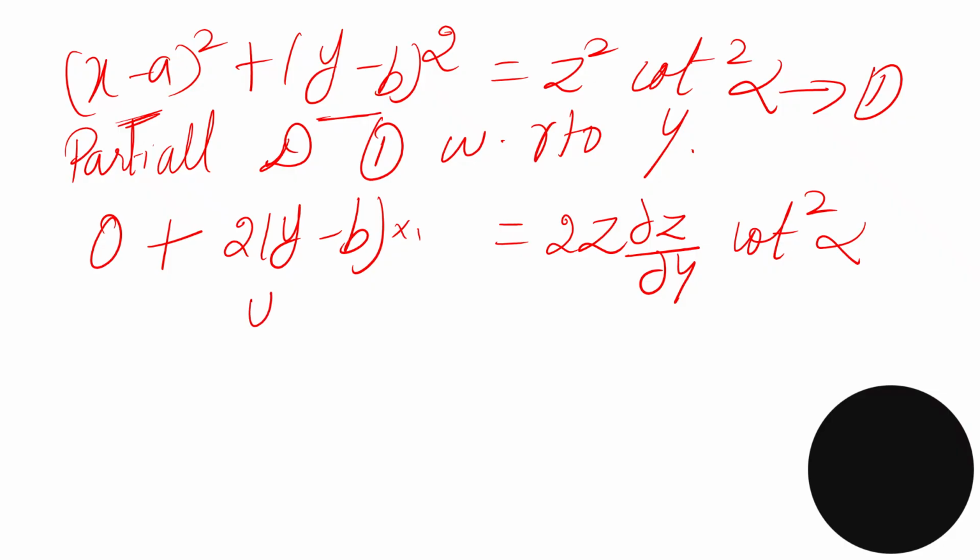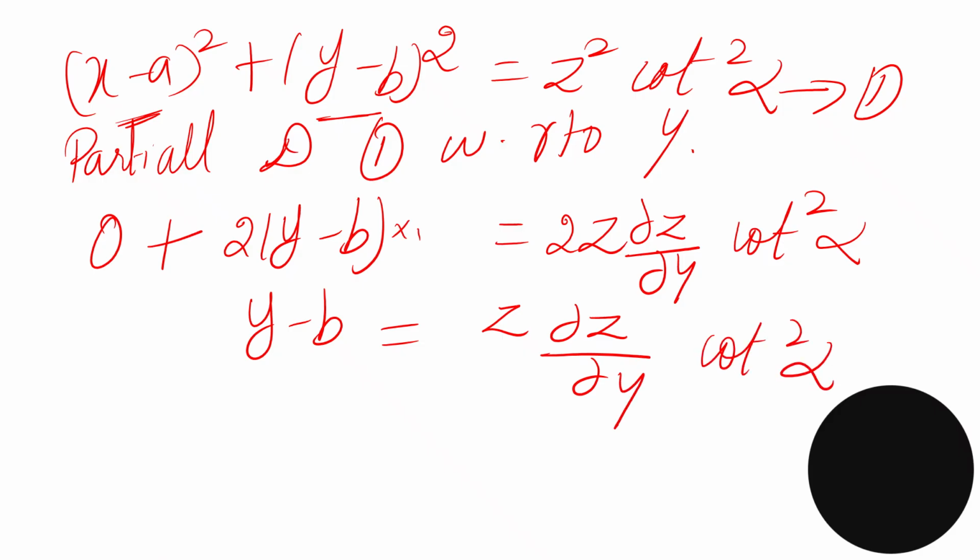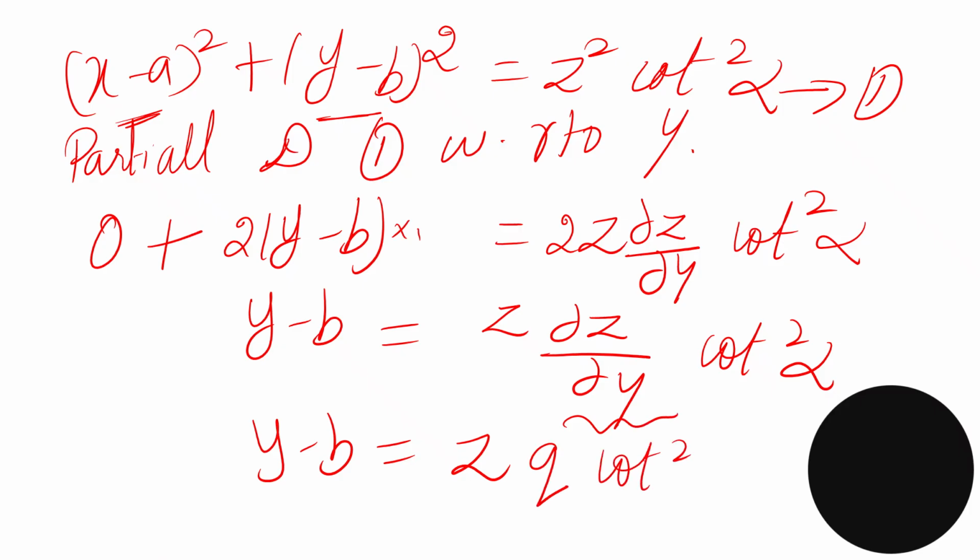So 2 will cancel, y minus b equal to z dou z by dou y cot square alpha. So y minus b equal to z into q cot square alpha, where the notation is dou z by dou y equal to q. Now consider this as the third equation.